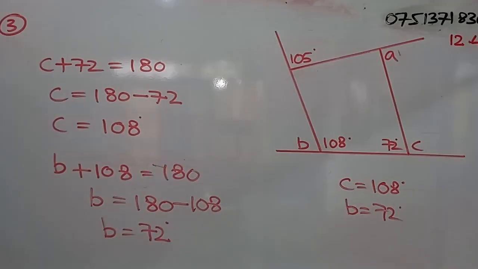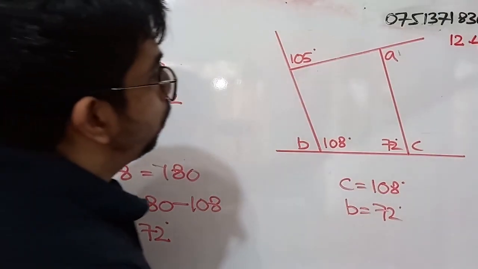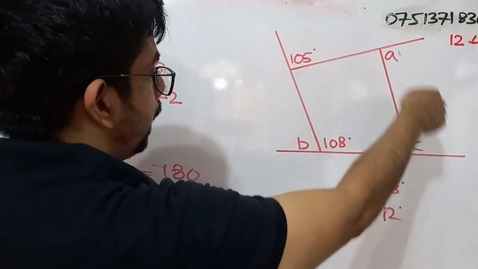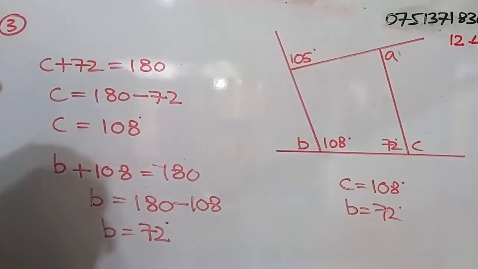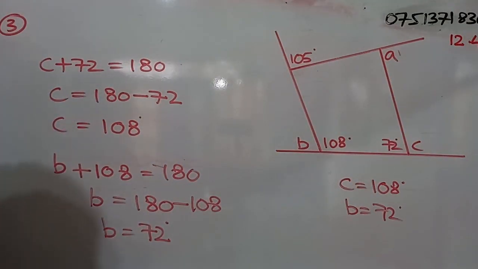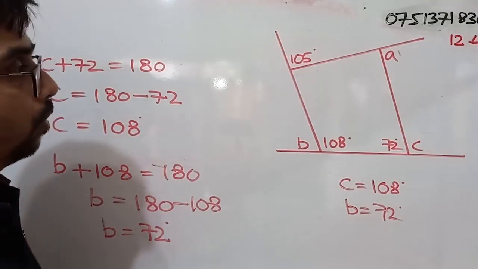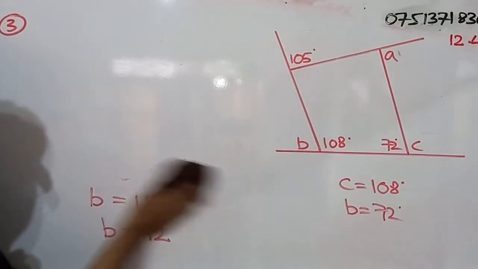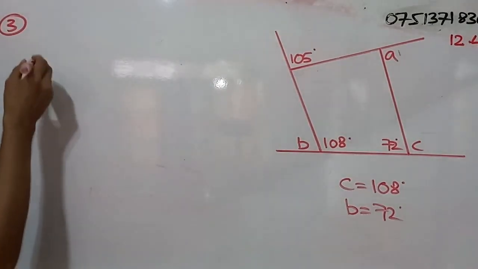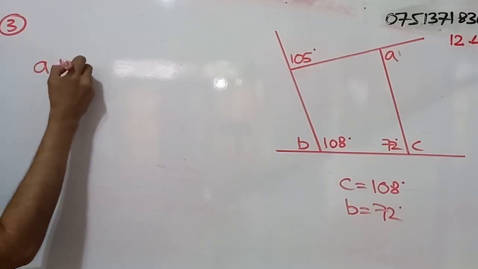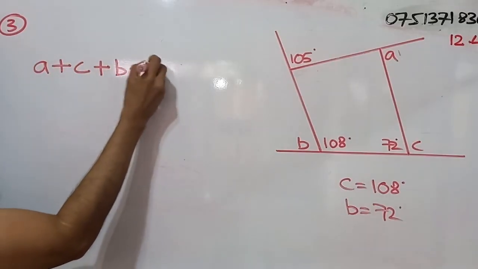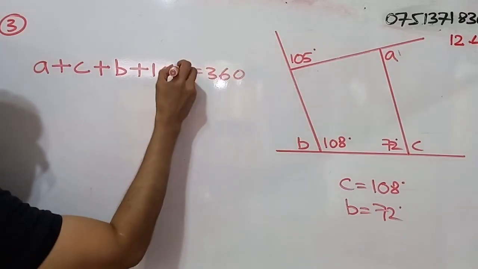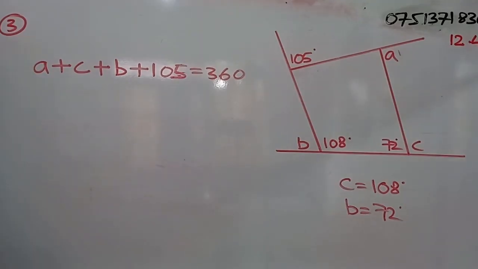Right. So we still need to calculate the value of angle A. If you take a good look at angle A, C, B and 105, all of those four angles are external angles. So we can write A plus C plus B plus 105 equals 360.